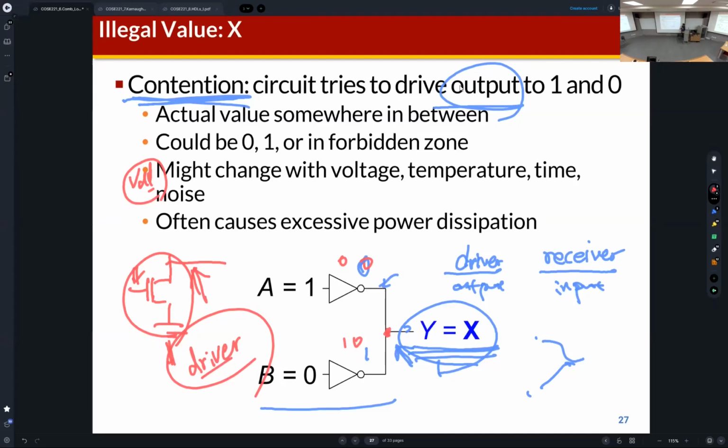So which means that we don't know. For these cases, we don't know the exact voltage level or exact output value of this node. So this is called contention. Contention means that the same node is driven by two drivers, two outputs of different circuits.